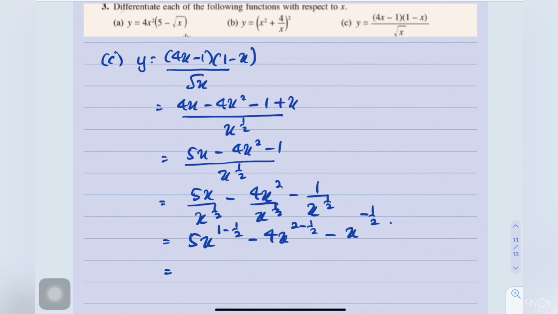Here I have 5x^(1/2) minus 4x^(3/2) minus x^(-1/2). Okay, this is y. So we need to differentiate this.